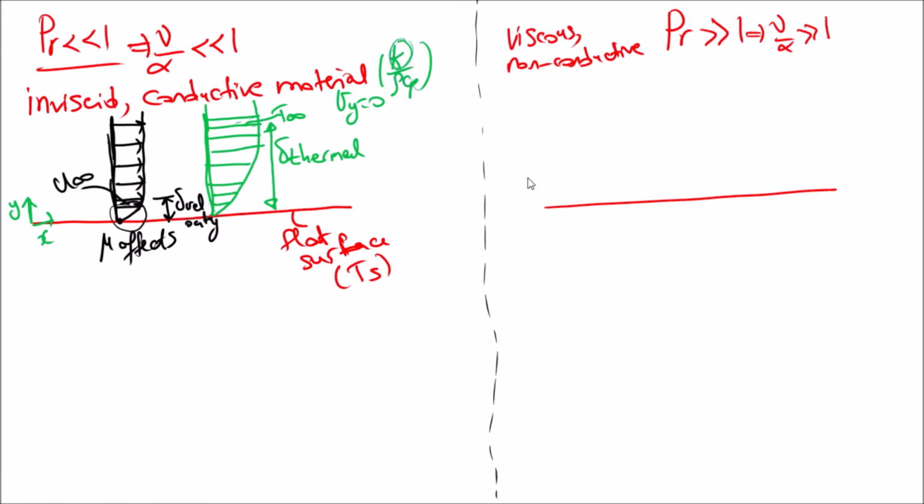So you will have a thicker boundary layer, something like this for the velocity. You will reach U infinity somewhere around here, and this is the thickness of the velocity boundary layer, which will be thicker.